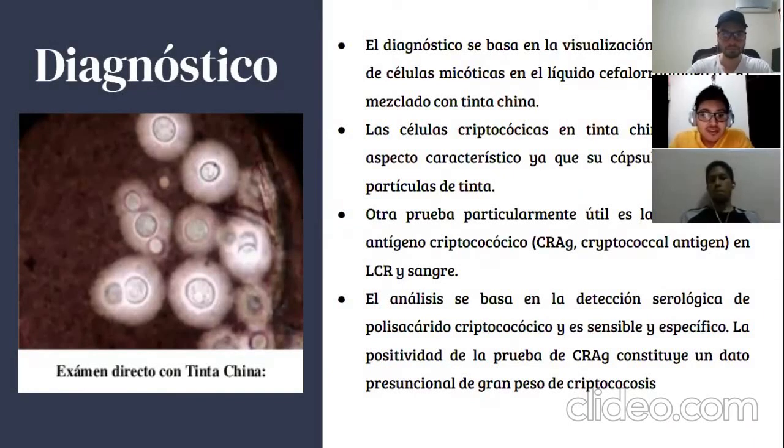Another particularly useful test is the detection of cryptococcal antigen, CrAg, in the cerebrospinal fluid and blood. The analysis is based on serological detection of cryptococcal polysaccharide, and it is sensitive and specific. A positive CrAg test constitutes presumptive data and great weight for cryptococcosis.